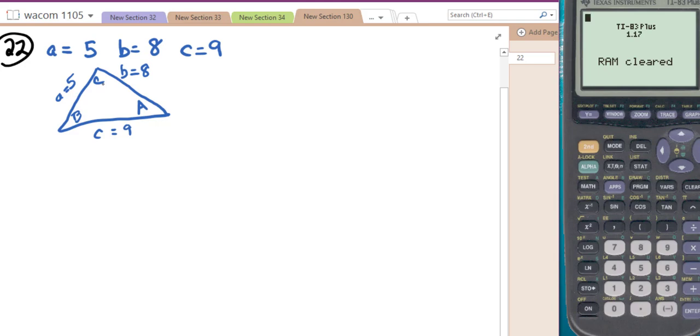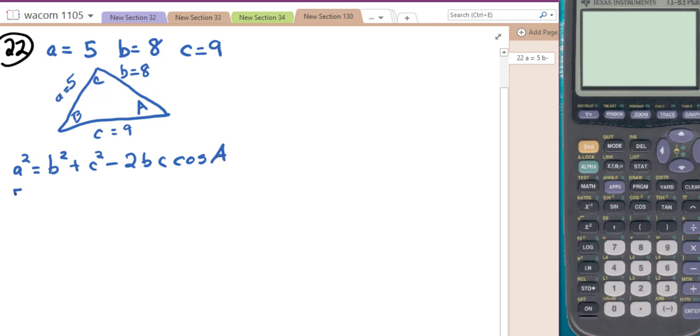All right, so we should solve for side A. So I'm going to use A squared equals B squared plus C squared minus 2BC cosine of A. And then we'll fill in.